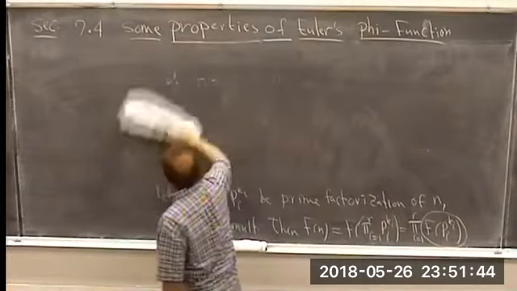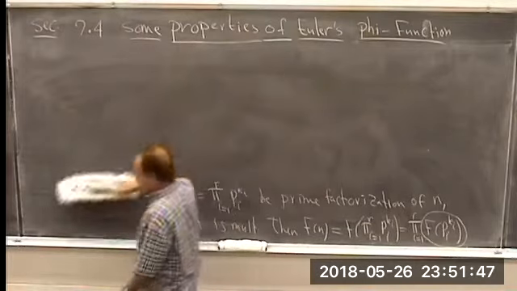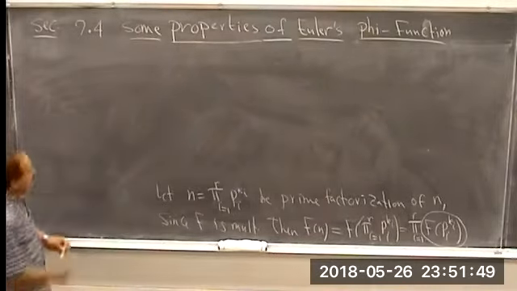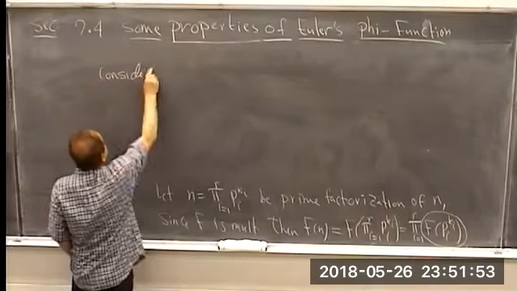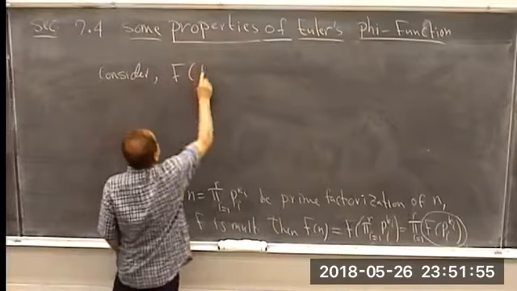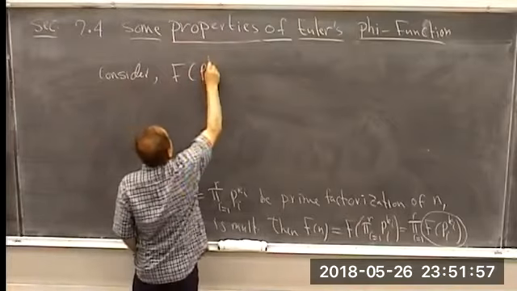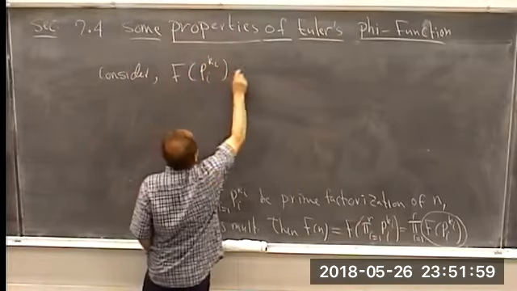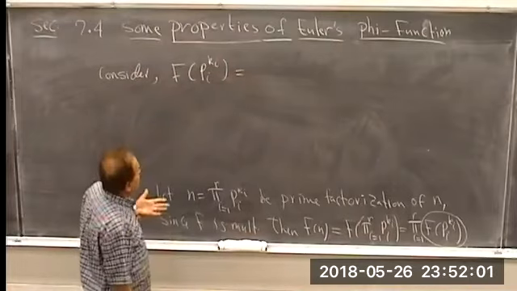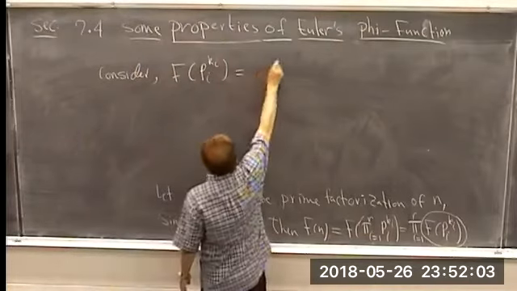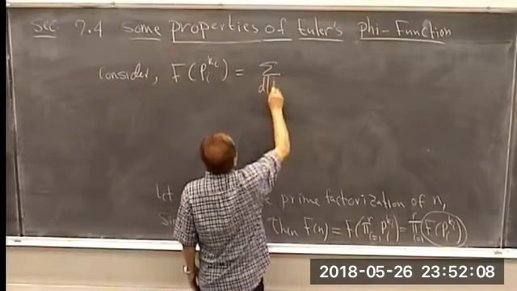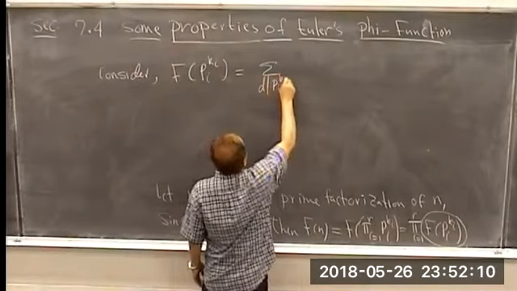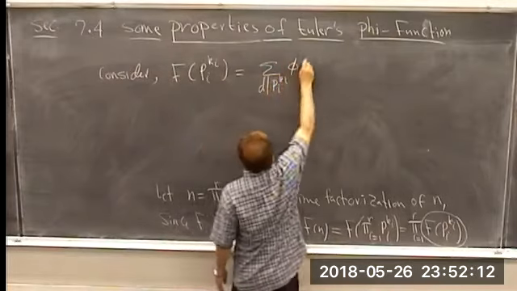Consider f of p_i to the k_i. By our definition of f, this is equal to the summation over d dividing p_i to the k_i of phi of d.